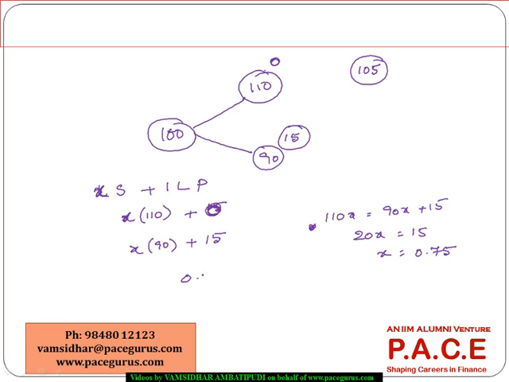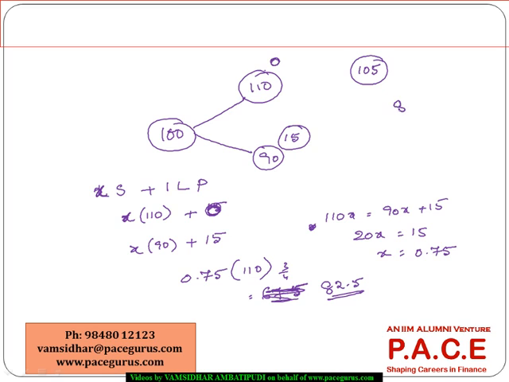So the worth of the portfolio is going to be 0.75 times 110, which is 3/4 times 110, which I can work out as 82.5. So the worth of the portfolio is 82.5.